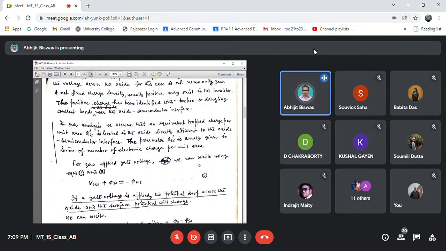For the purpose of simplifying our analysis, we assume that an equivalent trap charge per unit area, denoted by Q'ss, is located in the oxide just at the oxide semiconductor interface. The dash indicates the charge per unit area.